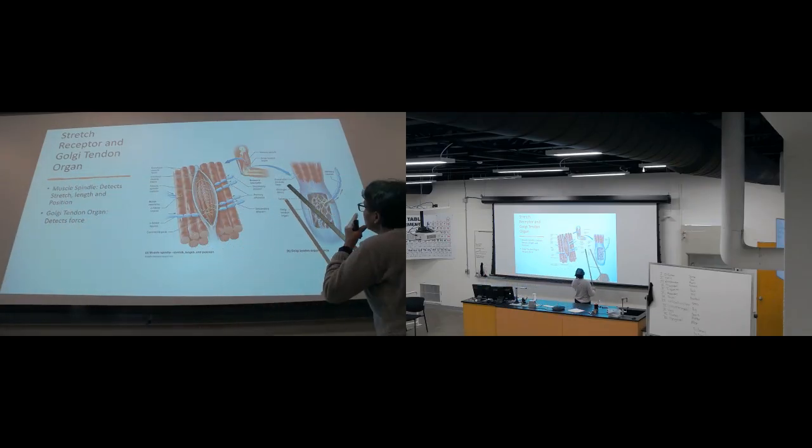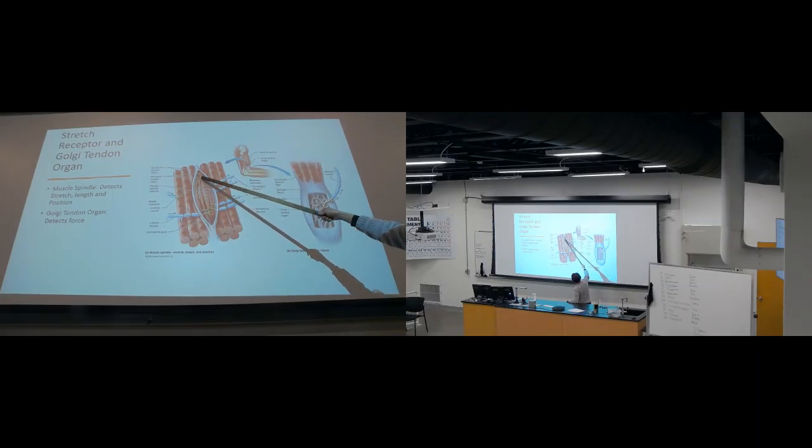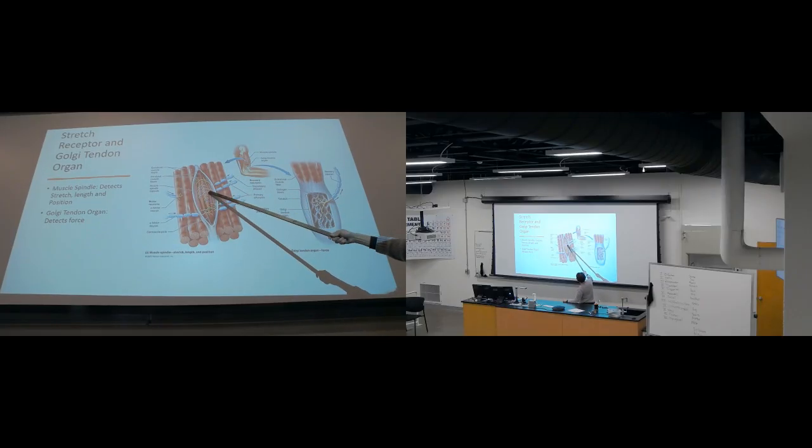If you magnify one of these muscle fibers from the biceps, the biceps brachii, which is the lateral part of the arm, you see the components. Here in this region we have the muscle spindle, and this muscle spindle is wrapped around by these sensory neurons.